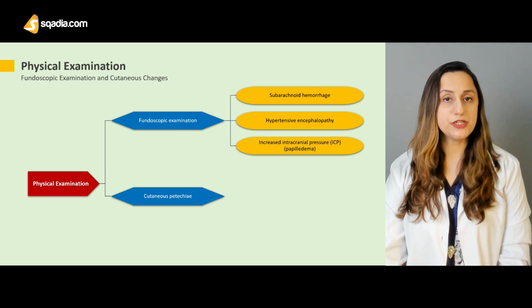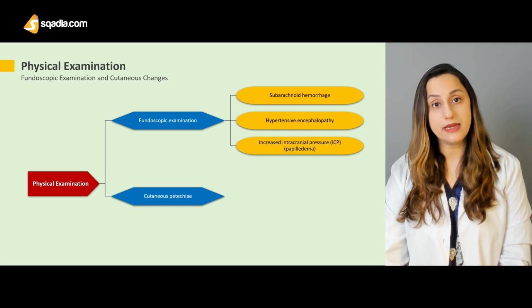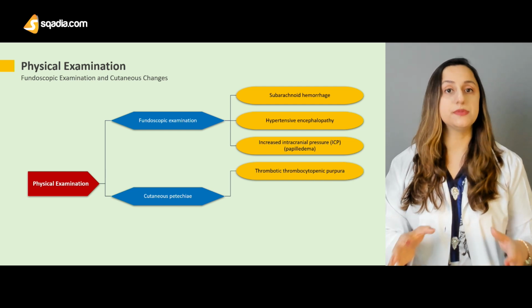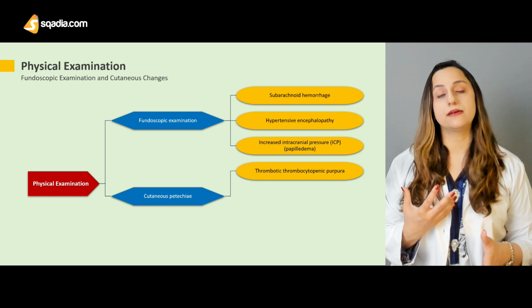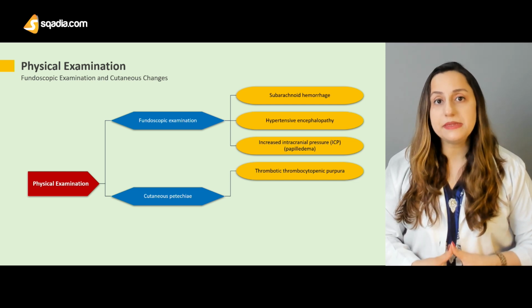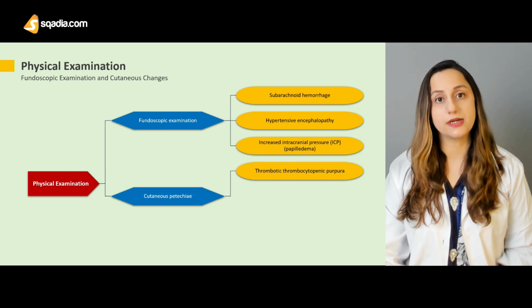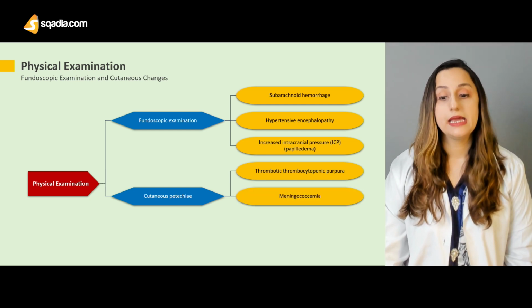When you look for the features on the cutaneous side, cutaneous petechiae are frequently present, and they're usually the result of TTP, that is the thrombotic thrombocytopenic purpura that is prevailing in the individual.